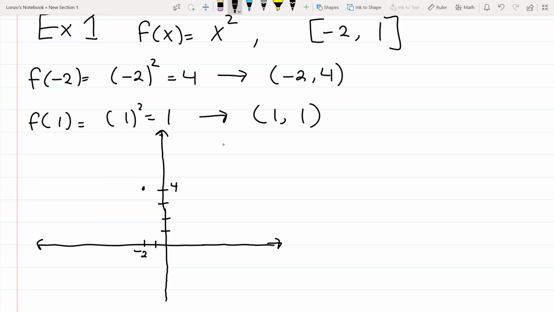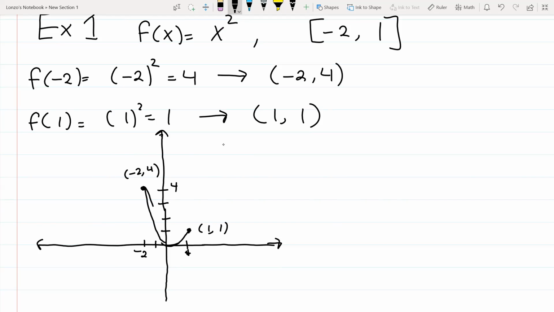Okay, so here's (-2, 4), and then (1, 1). So it's a parabola, so I know it goes through the point (0, 0). It would look something like this.